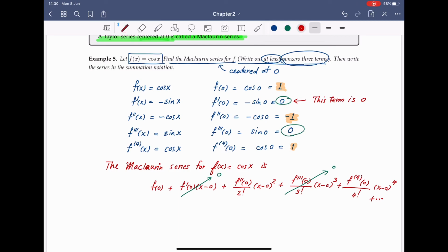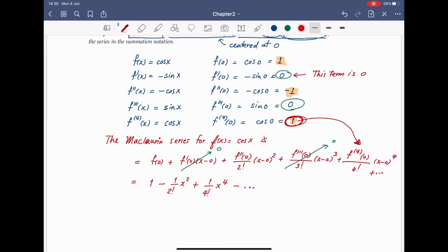If you plug in everything, you get 1 from f(0), and then minus, since f double prime 0 is negative 1, negative 1 over 2 factorial times x squared, and then plus 1 over 4 factorial times x to the fourth power. This is how we compute the Maclaurin series for f(x) equal to cosine x, and then you add infinitely many terms.